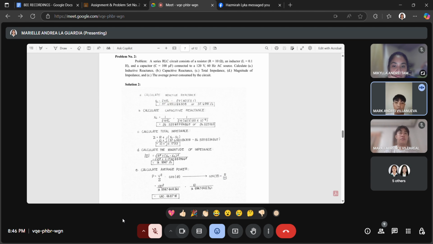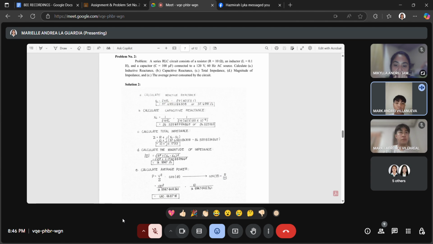If X_C is greater than X_L, it is predominantly capacitive. This formula comes from the Pythagorean theorem applied to the impedance triangle in the complex plane, where the resistance is the real part and the net reactance is the imaginary part.